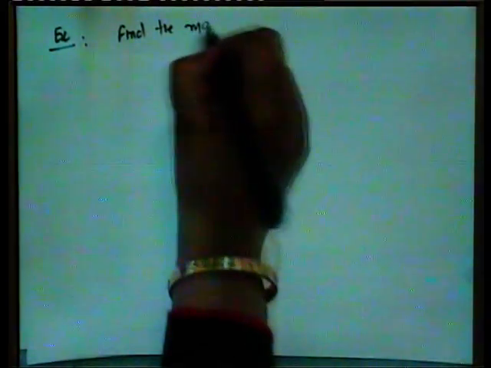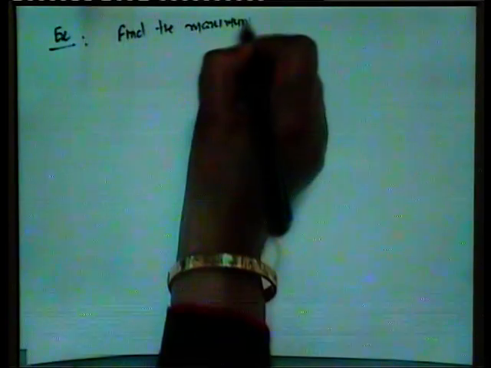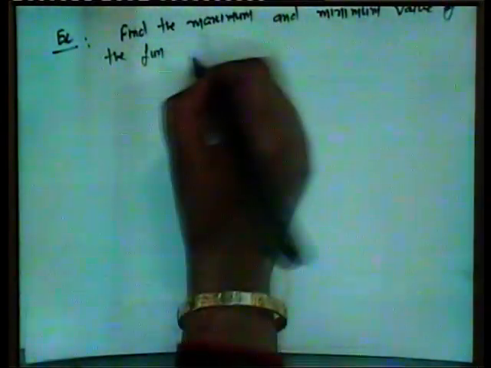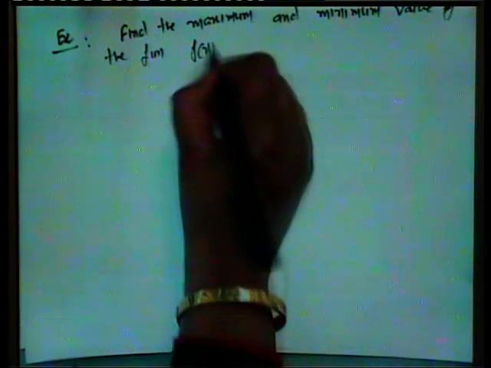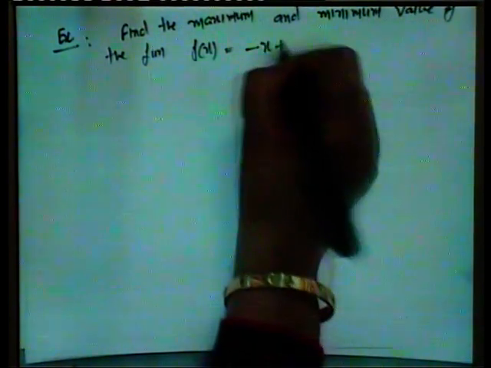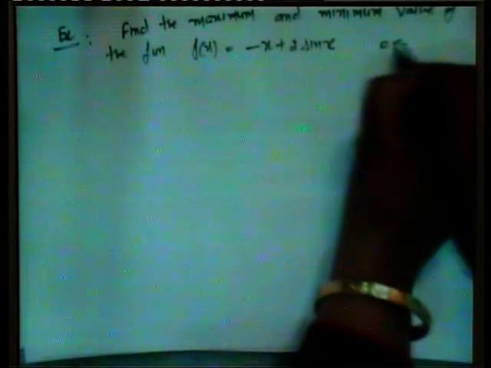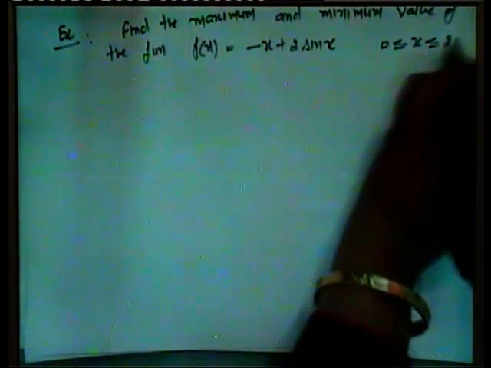Our next question is, find the maximum and minimum values of the function minus x plus 2 sin x when x lies between 0 and 2 pi.